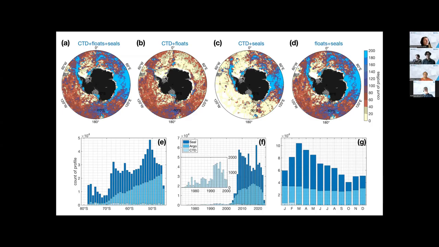As I mentioned before, the seals really give us a good complement on the coverage of the continental shelf, whereas the Argo floats have the broadest distribution across space. But the CTD dataset, on the other hand, can give us some idea of the earlier days' ocean conditions. Next slide, please.